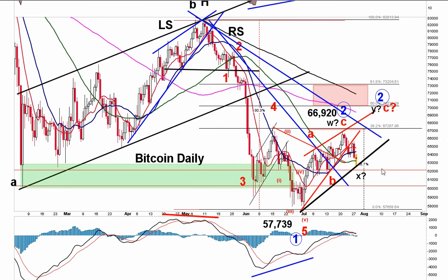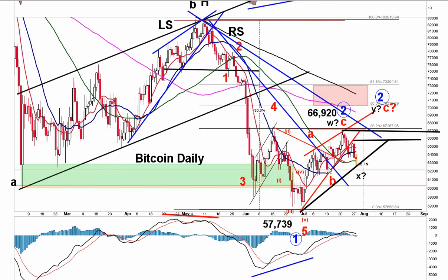If we go higher, if we get a bottoming tail here at the 50 with a doji or a hammer or something like that, and we try to rally, we can clear the resistance zone now, which is right here, the lower high, and the higher high at 66,900.